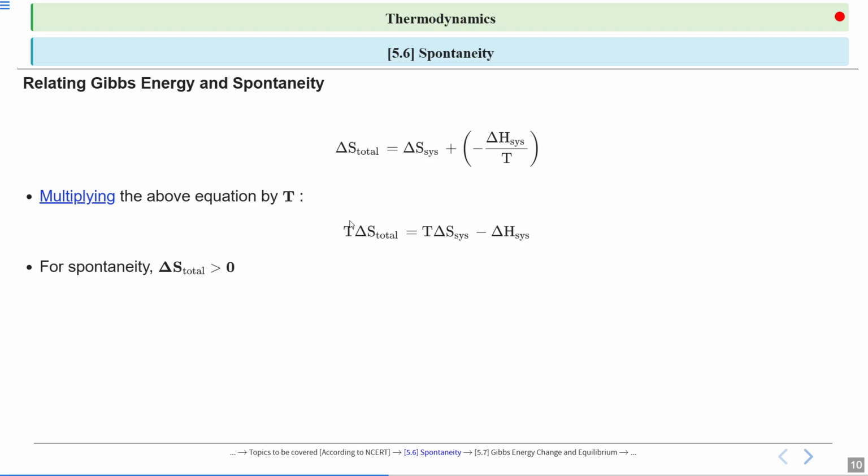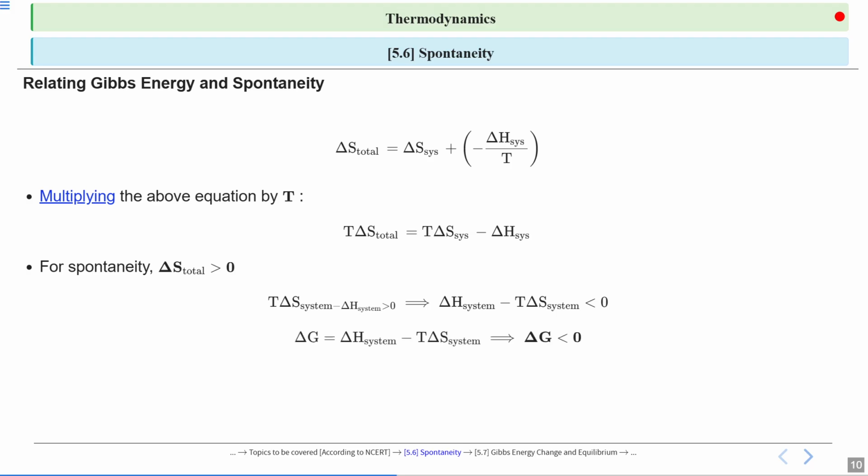Since both of the terms are now positive, we can say that T delta S system minus delta H system will be greater than 0. If we just rearrange this equation, we can write it as delta H system minus T delta S system is less than 0. Simple. We have just rearranged this equation and finally got the situation for which we were searching.